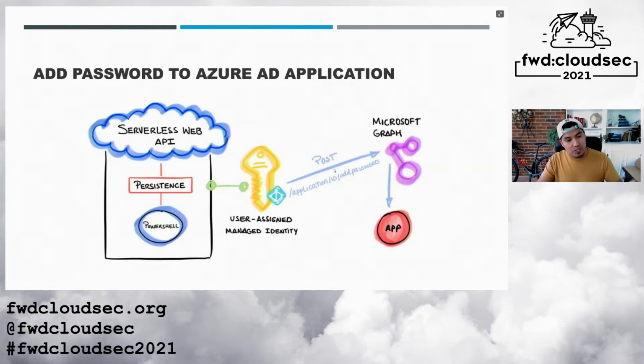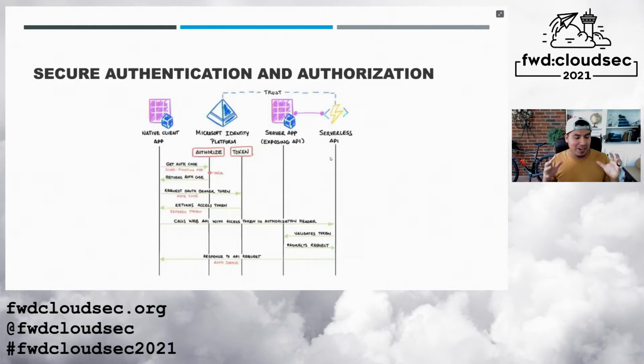If I grant permissions to that managed identity, then I could interact with the Microsoft Graph endpoints or services, and then just interact with other resources. And having a managed identity also allows me not to hard code credentials or anything like that in my application.